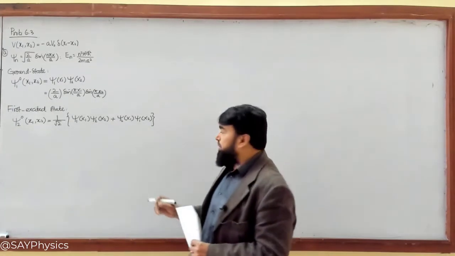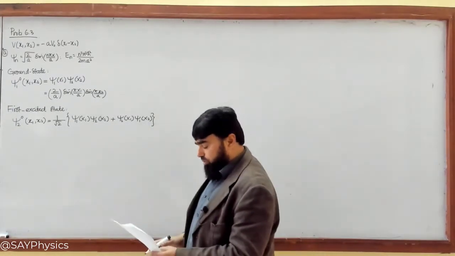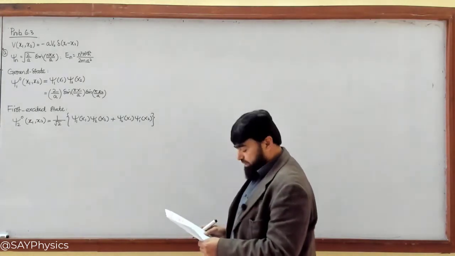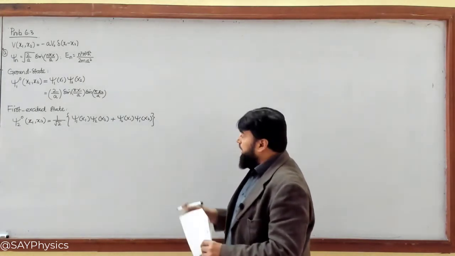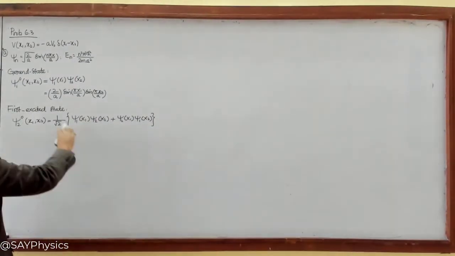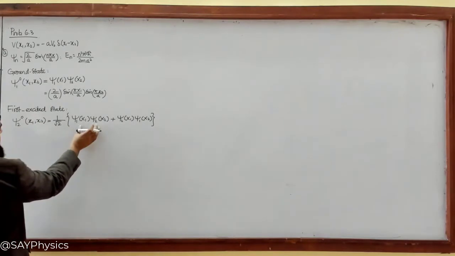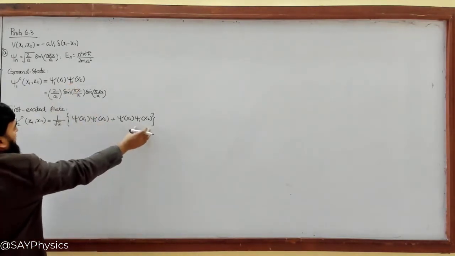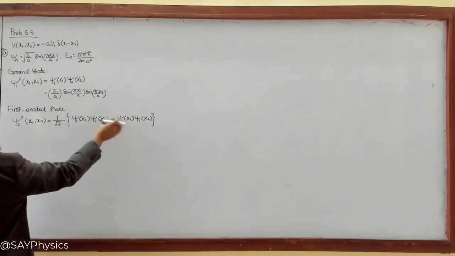I hope you remember that for the bosons we are having it like this, and now you will have to just put their values. And what it will be? It will be again psi 1 and psi 2 here, so 2 will be multiplied. Psi 2, psi 1 here, 2 will be multiplied.